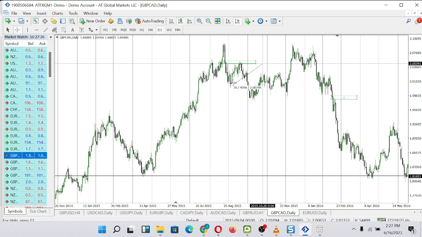So it hits the king OB, went down. You see, so it always respects our rejection zones, which are our order block, fair value gap, and the king OB.